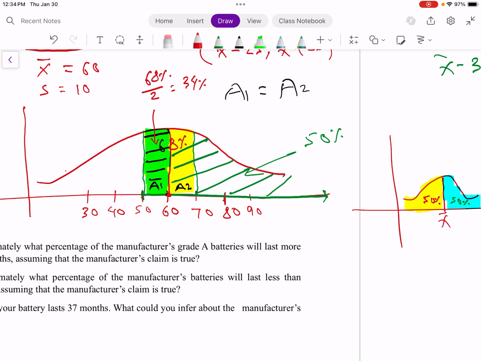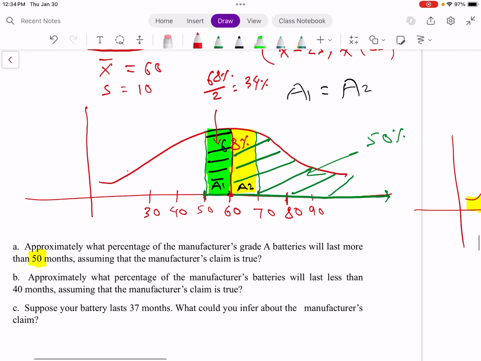Now, can you tell me the percentage on the right of 50? Right of 60 is 50%, okay? So from 60 to the right, it is 50%, because 60 is the median, 60 is the mean. And this region is 34%. If you add this region with this region, we get the total region, right? The percentage on the right of 50 will be 50 plus 34, which is 84%.